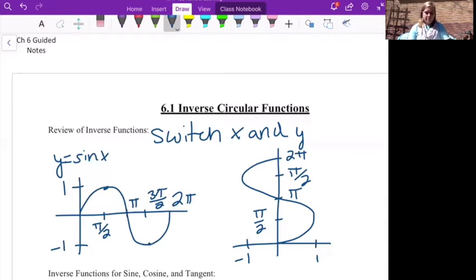However, if you remember, in order to be a function, it has to pass the vertical line test. This clearly does not pass the vertical line test because it's going to hit it more than once.